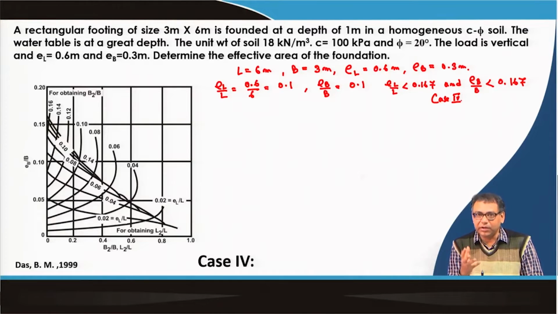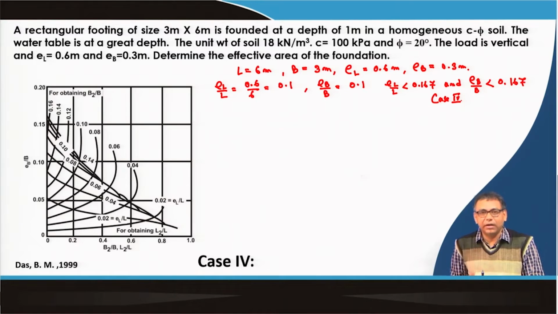Because in Meyerhof all the factors are calculated by using B dash and L dash. But in case of, for example, Hansen, for the shape factor and the inclination factor, you have to use effective area or B dash and L dash. But for the depth factor, you have to use B and L.